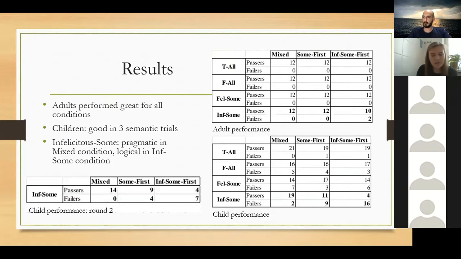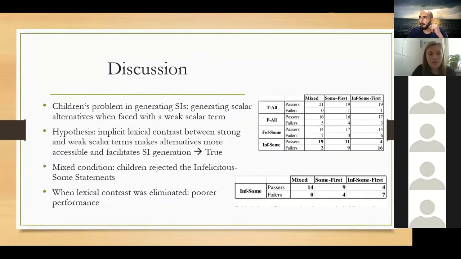So we can say that even if we look at children in this experiment who we assume have the correct semantic knowledge, because they proved it in the previous experiment, the results were not that different from the first experiment. So we're going to see what that means.